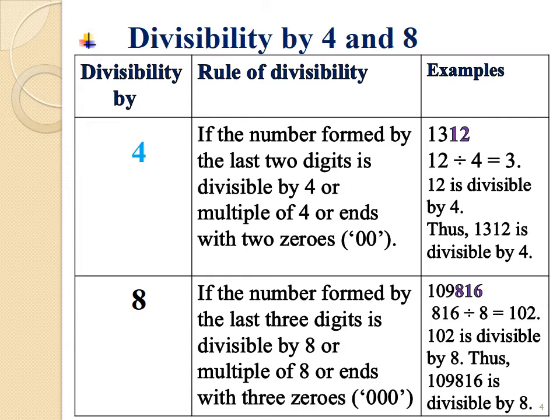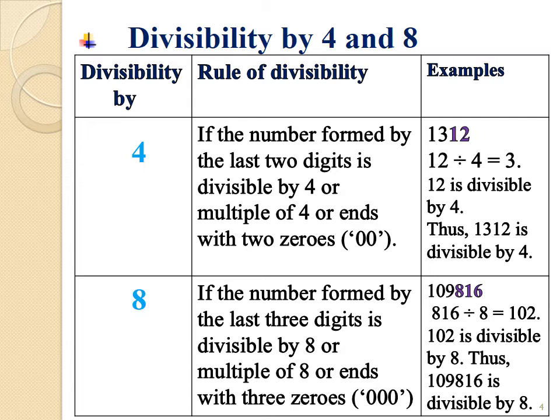Now, divisibility by 8. A number is divisible by 8 if the last three digits are either zeros or the number formed by the last three digits is divisible by 8. For example, 1,09,816. Students, in order to find out whether 1,09,816 is divisible by 8 or not, we have to divide its last three digits, that is 816, by 8.